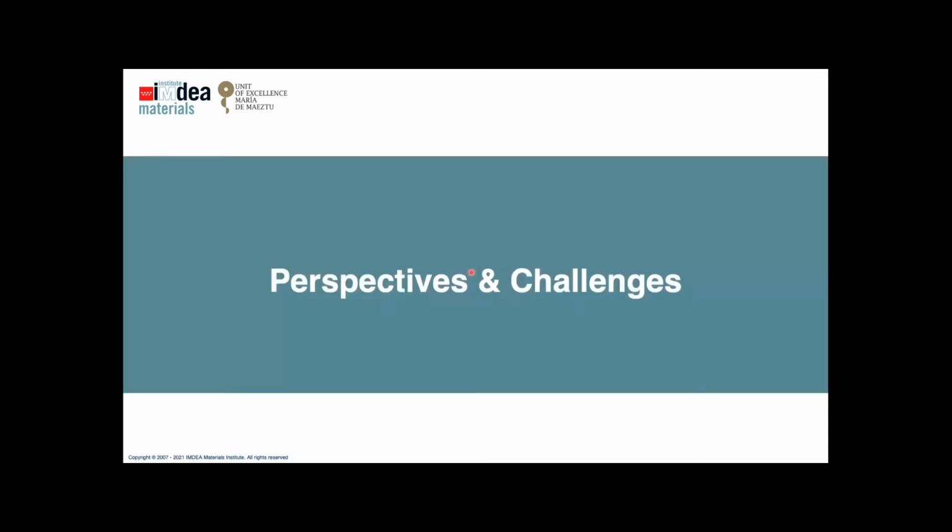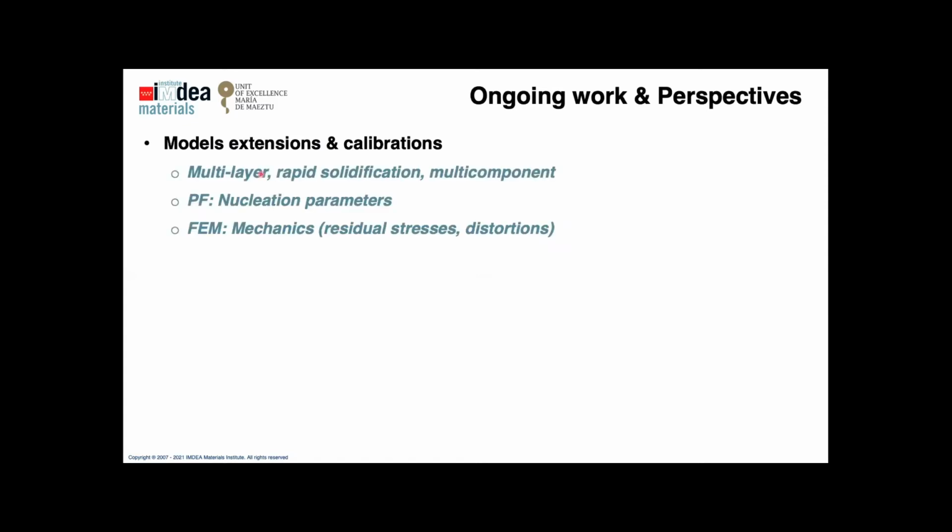And now I'll just comment on a couple of perspectives because time is running out. But this is my very last slide. What's ongoing and what are the perspectives? Multiple extensions and calibrations of the model that relate to the limitations that I've mentioned throughout the talk.